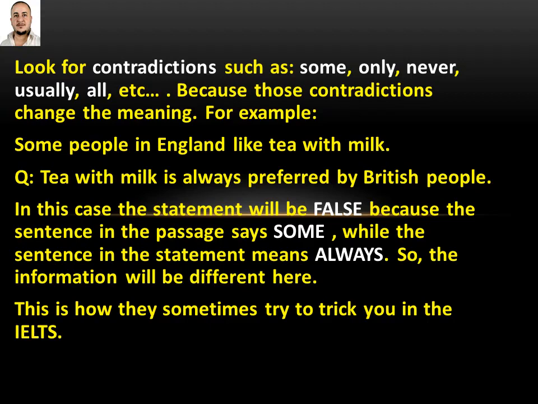How do we decide this is always? Because it says tea with milk is always preferred by British people. So, the information will be different here. This is how they sometimes try to trick you in the IELTS.